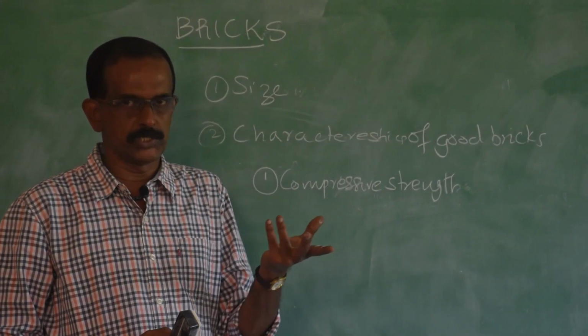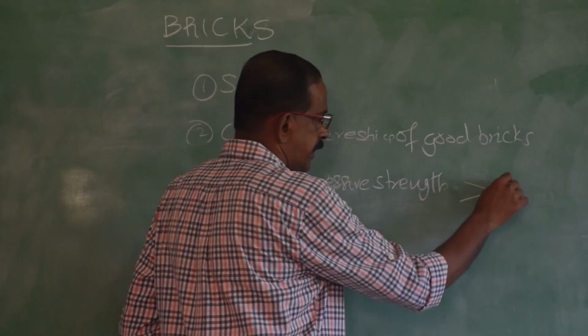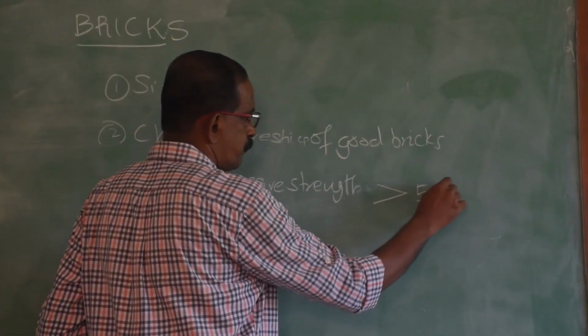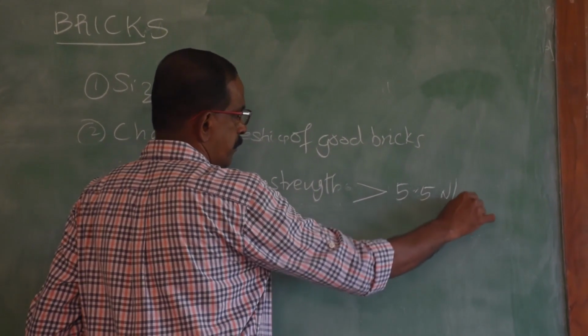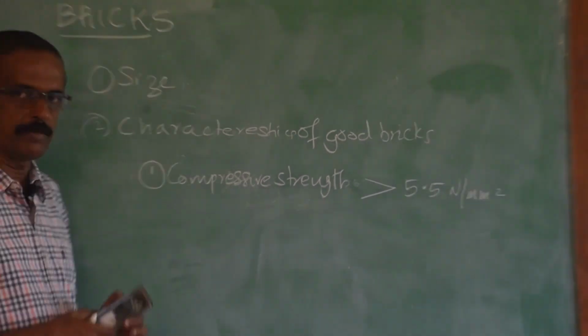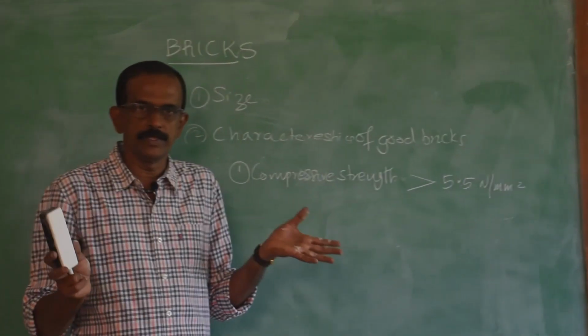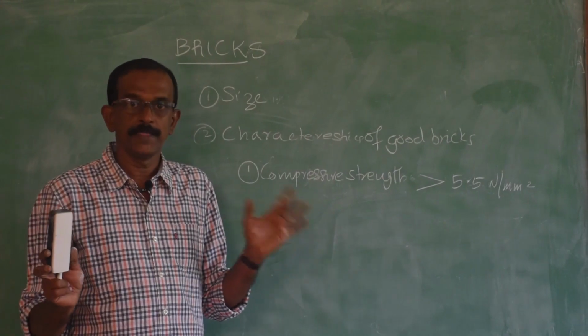For normal construction, the compressive strength of the brick should be greater than 5.5 newtons per mm square. Depending upon the quality, this strength may vary, but for normal construction usually it is considered as 5.5. If the strength is more, that is okay for the construction.